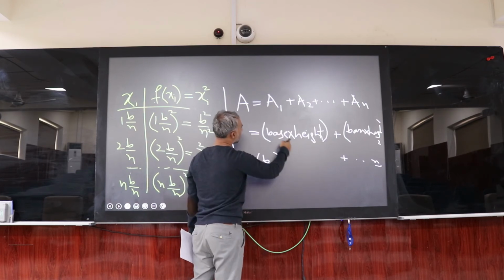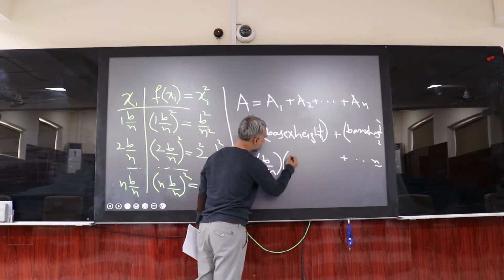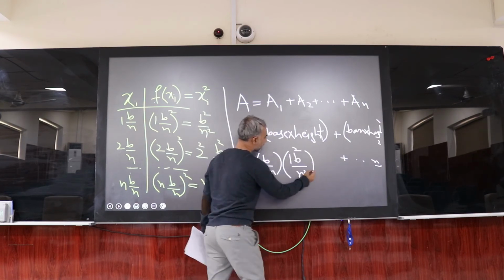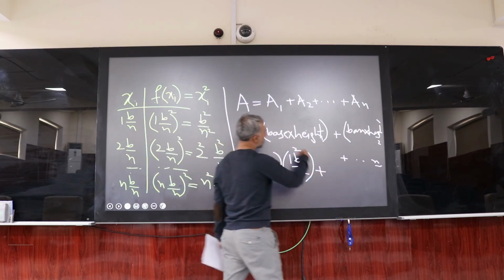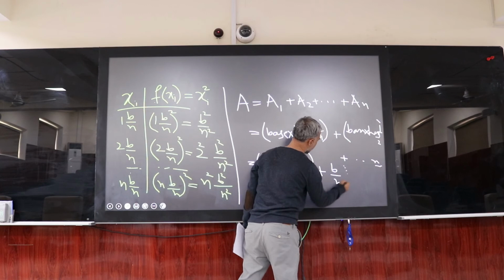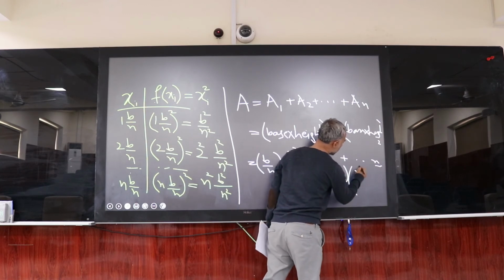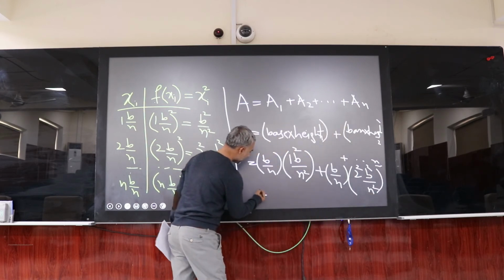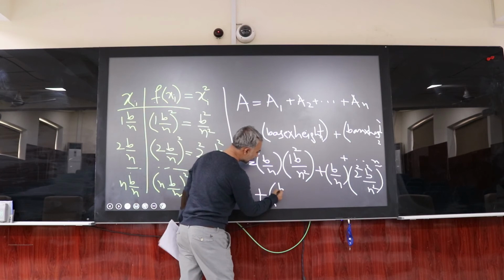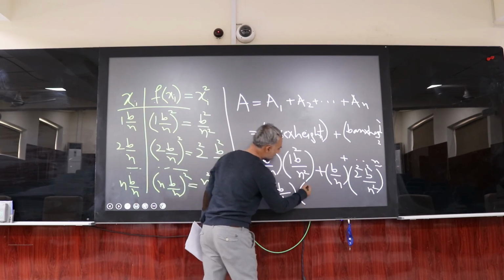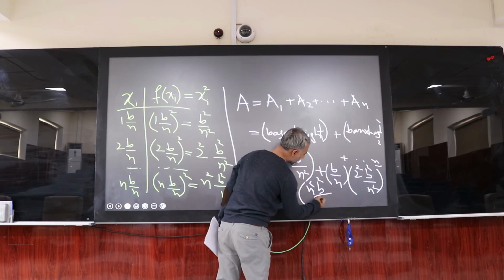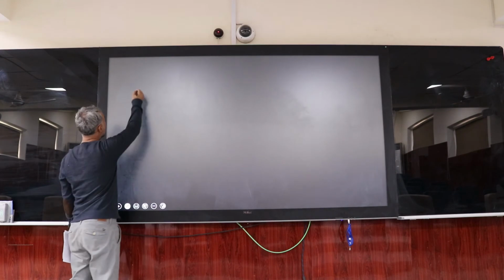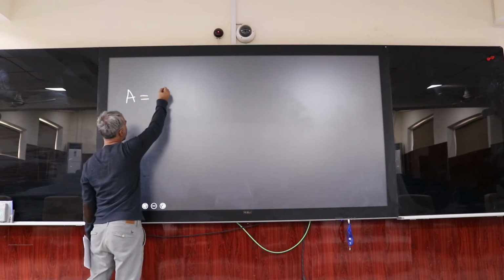Remember, the height of the first one is 1 b square over n square. Again, the base is the same, and the height will become 2 square b square over n square. Similarly, for the nth, the base is the same and the height will be n square b square over n square. So we will get the area like this.